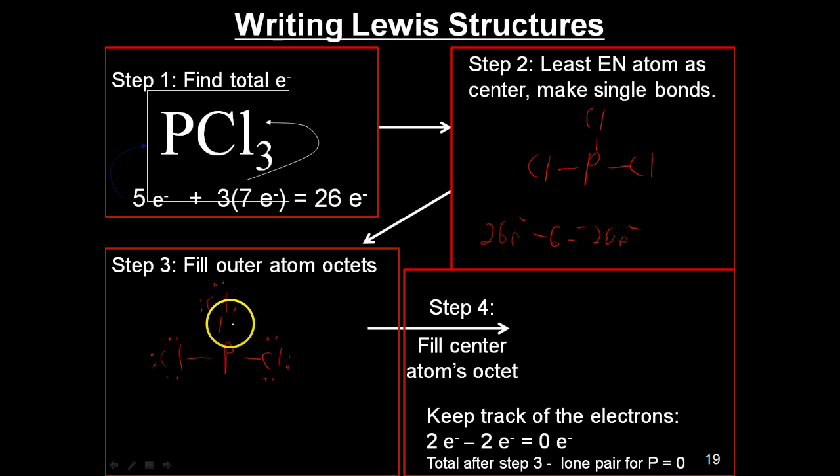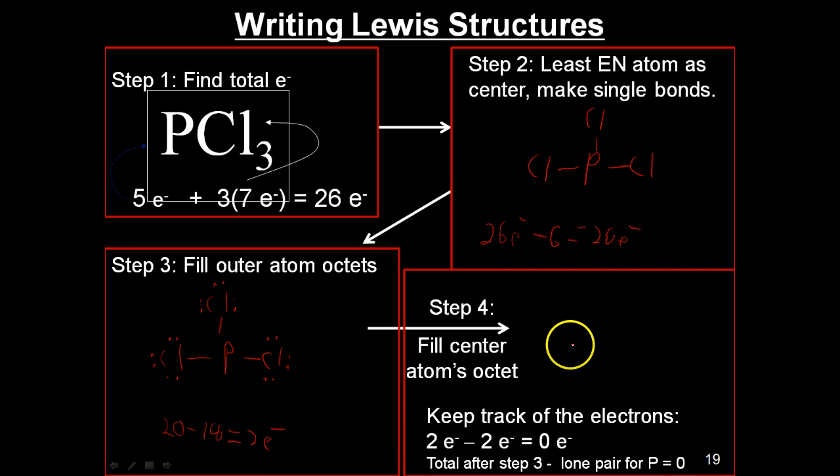Notice now what we have is chlorines with 8 electrons around each one of those guys. 2, 4, 6, 8, all the way around. Now we've added 6 electrons here, 6 here, 6 here, so we had 20 electrons left over. Minus 18, 6 times 3 is 18, so we have 2 electrons left.